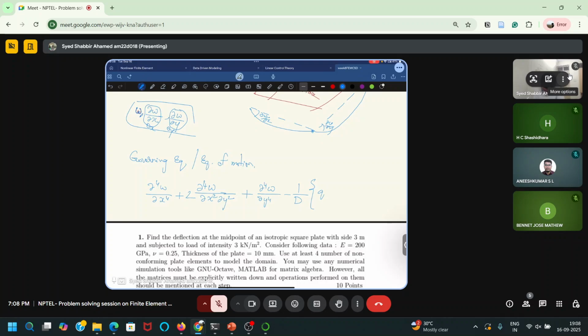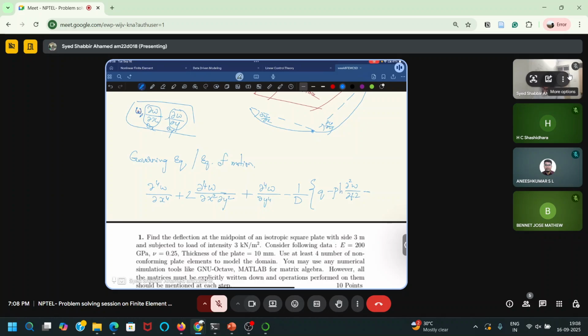Q is some load acting on the plate, a distributed load, rho is the mass density, and h is the thickness. Here t is the time derivative.